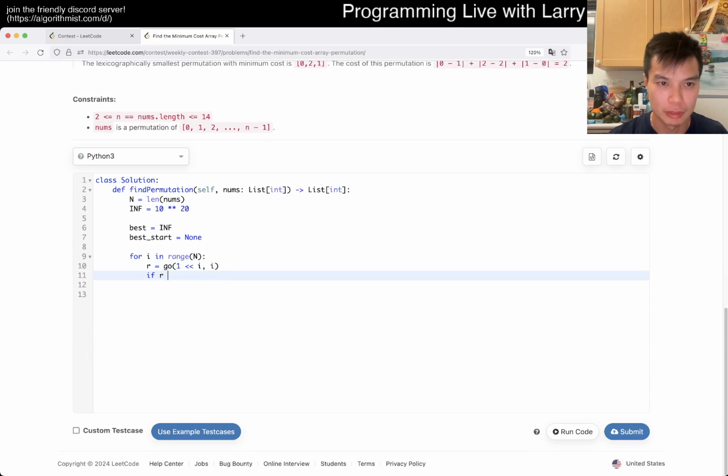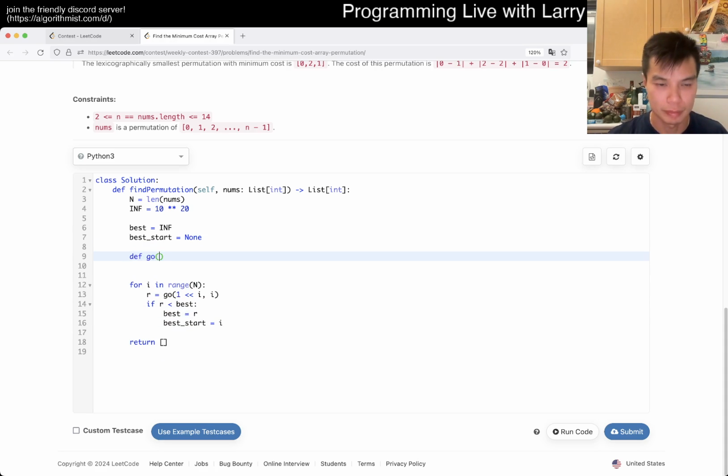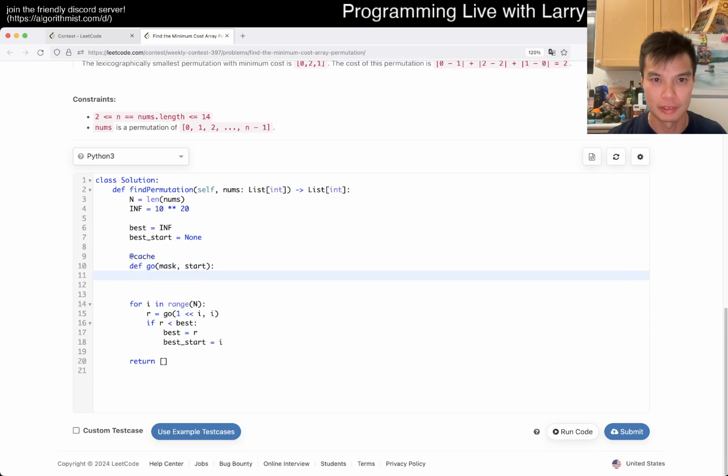If R is less than best. Focus on this for now. I hope that's good enough. What's 2 to the 14 anyway?